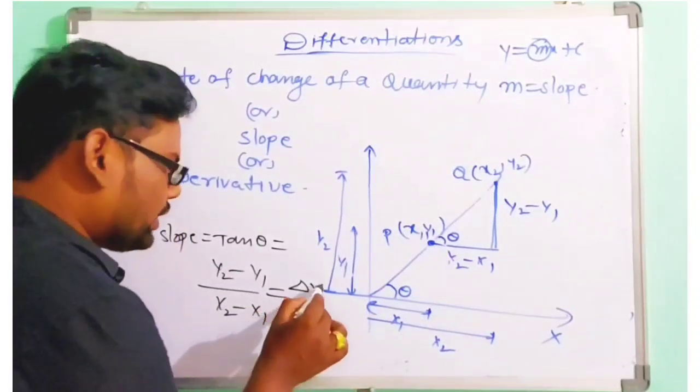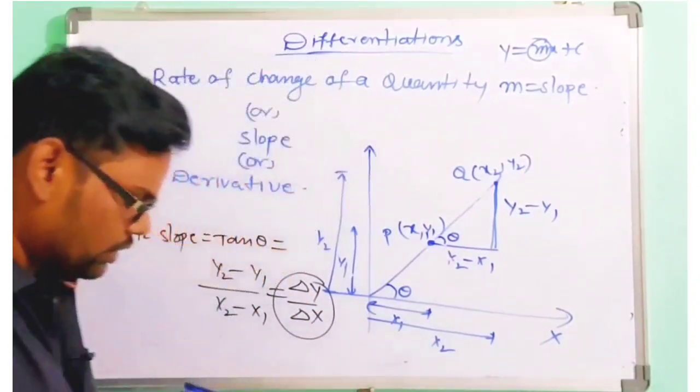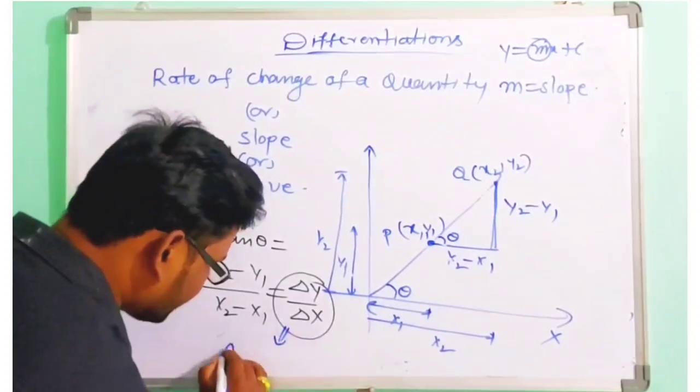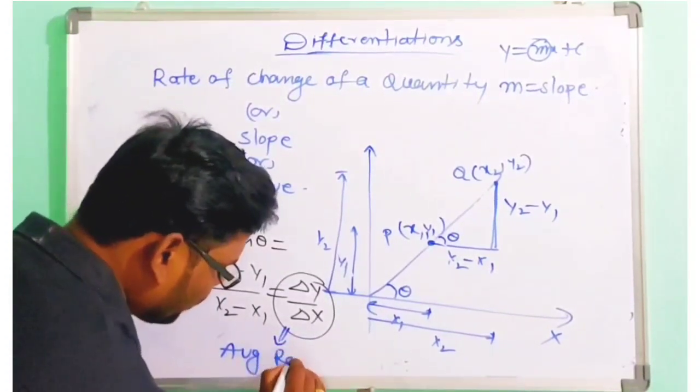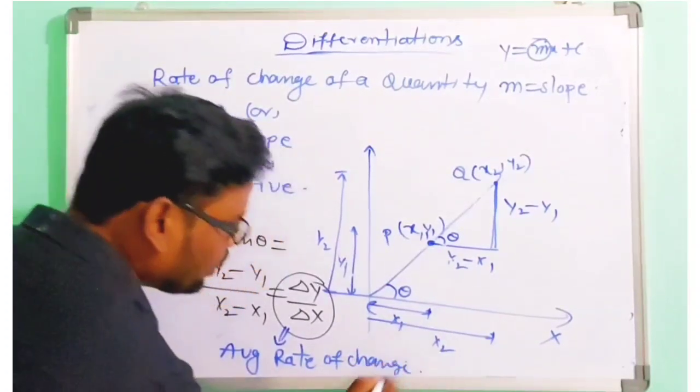Now this delta y by delta x gives us the average rate of change.